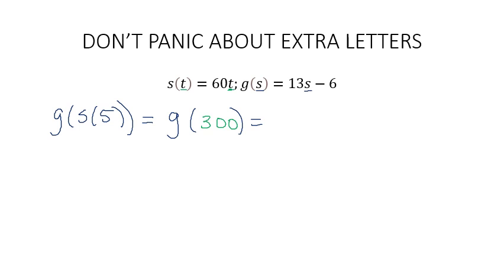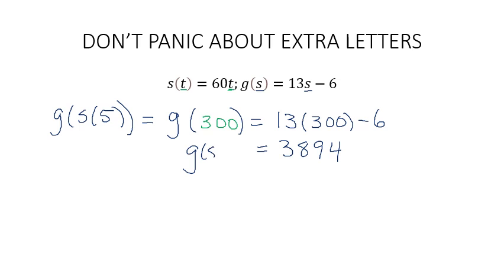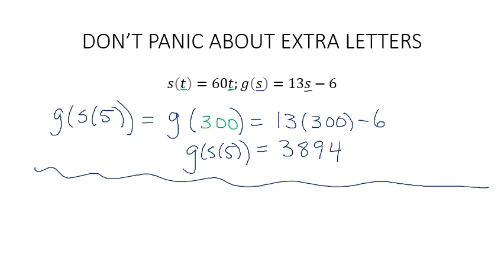So instead of 13s minus 6, I have 13 times 300, all minus 6. And that is equal to 3900 minus 6, or 3894. G of s of 5 is 3894.